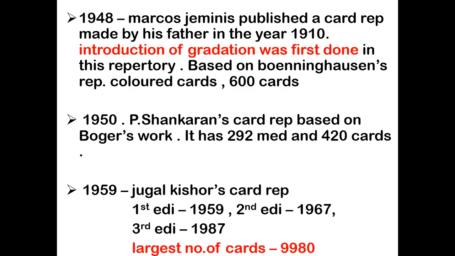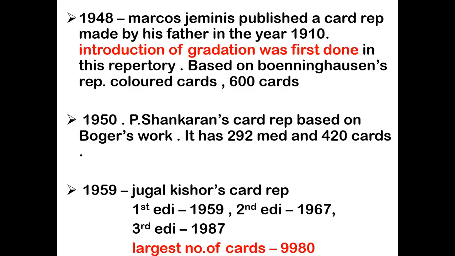So these are the learning points which we have to learn. 1950, P. Shankaran's card repertory based on Boger's work. It has 292 medicines and 420 cards. It's again an important question for your exam purpose.